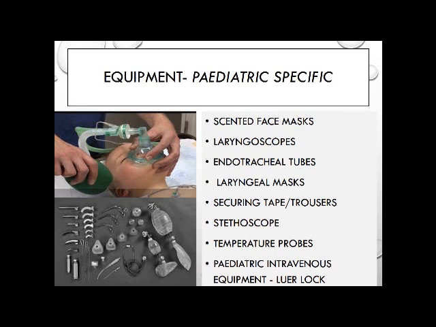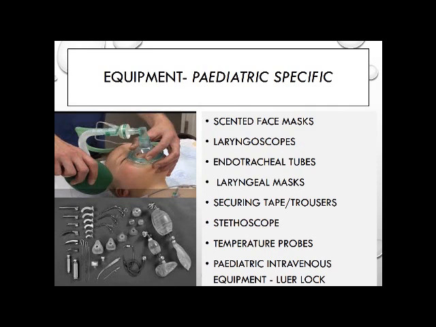Specialized laryngoscopes, which are smaller or narrower in diameter, endotracheal tubes, a variety of blades, laryngeal masks, securing tape, and some of them are pre-cut, pre-manufactured, trouser-shaped tapes where tubes could be secured, stethoscopes, temperature probes, which are smaller in size, for example, and also intravenous equipment.